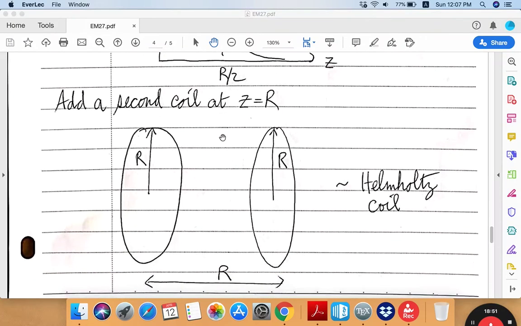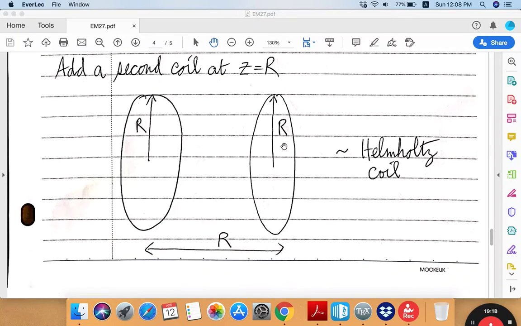And the even more interesting observation was made by a great 19th century scientist, Helmholtz, who noticed the following. Well, if you can generate a fairly smooth magnetic field with one ring, then what will happen if you add a second ring?